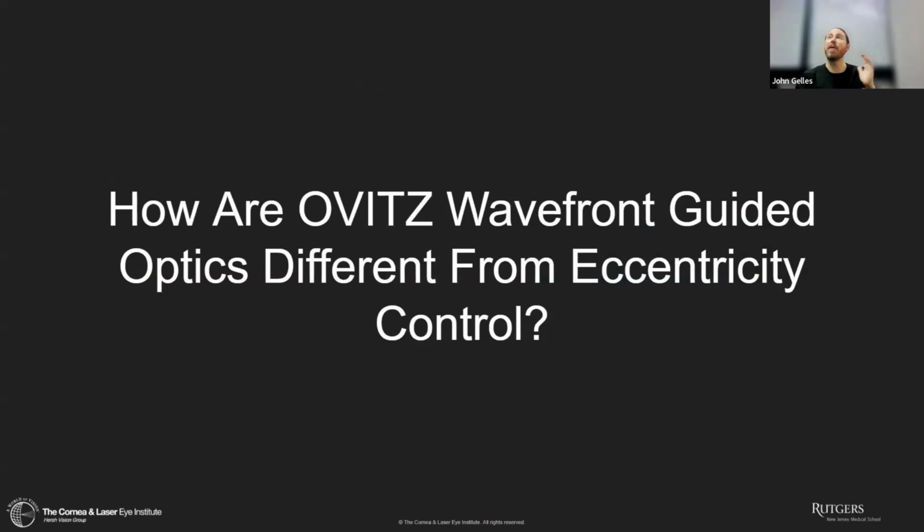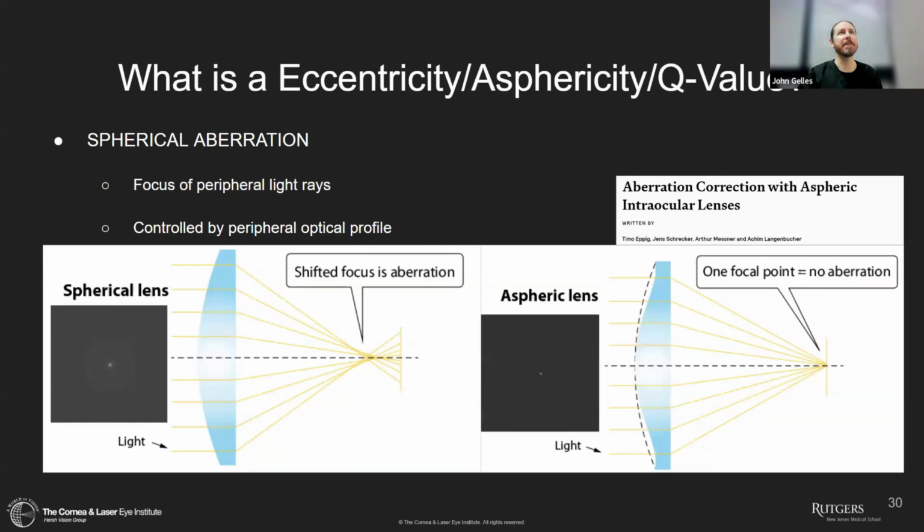So one of the questions that gets asked, because there's a bit of a misconception and misunderstanding out there with eccentricity control and wavefront guided optics: what is eccentricity control and how is it different from wavefront guided optics?